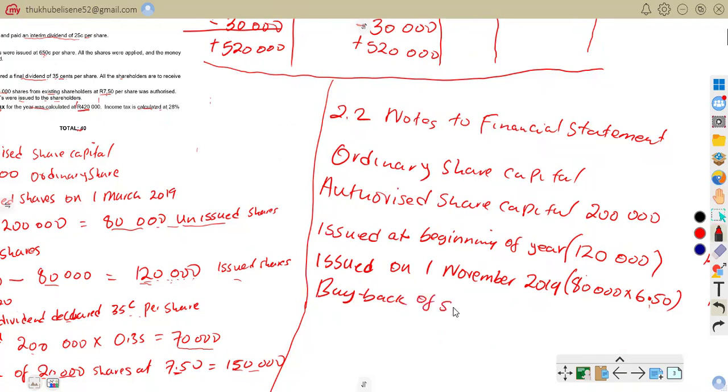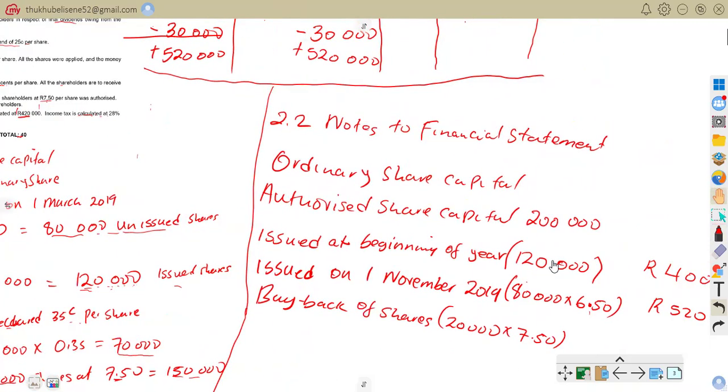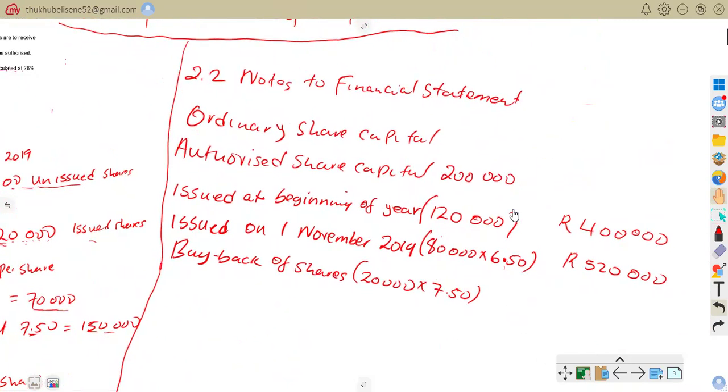Our buyback of shares is 20,000 multiplied by 7 rand 50, which gives us the amount of 150,000.